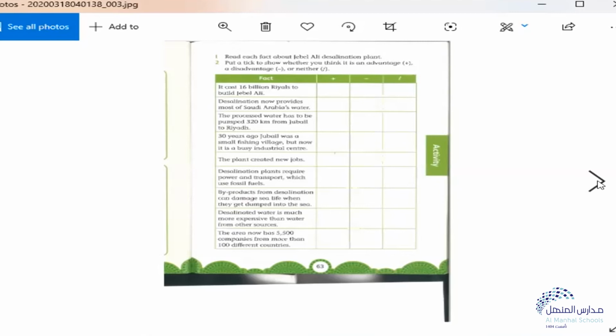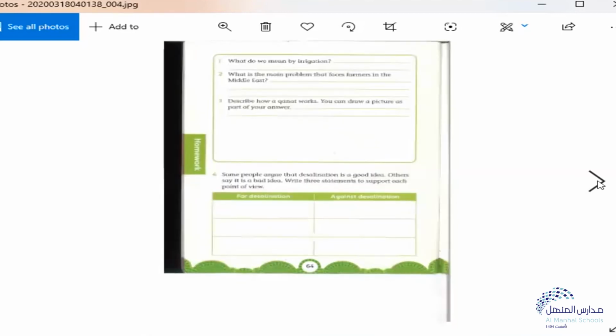Let's go to page 64. What do we mean by irrigation? Irrigation, boys, is just the watering of plants, normally on farms at certain times, so they can grow.